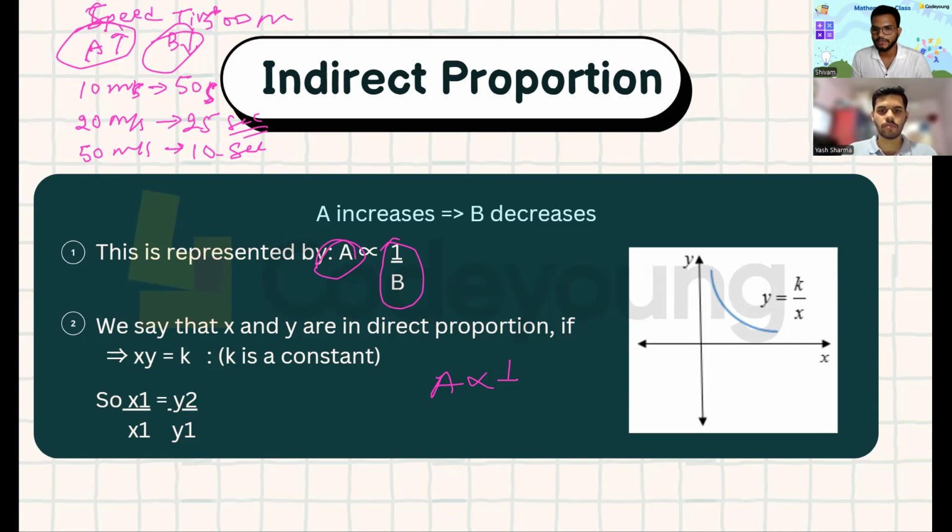So we have to write 1 upon B. Now, if you are changing the proportionality sign into equality, what will happen? A constant will come there. Now B is going to multiply with A. So A into B is going to be constant.